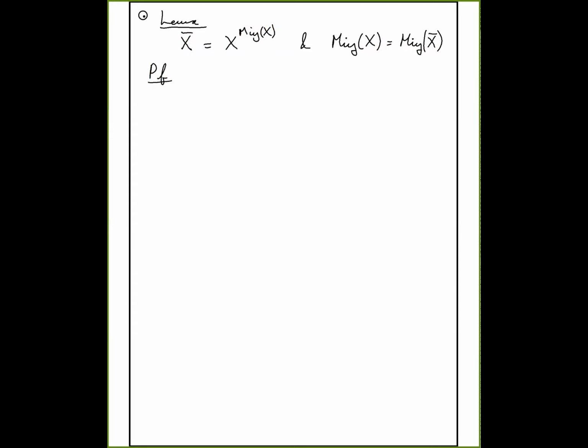Okay, so I guess I might just sketch some of the proof here. Some of this is clear. Because X is obviously contained in X bar, this implies that the Miyamoto group of X is contained in the Miyamoto group of X bar.